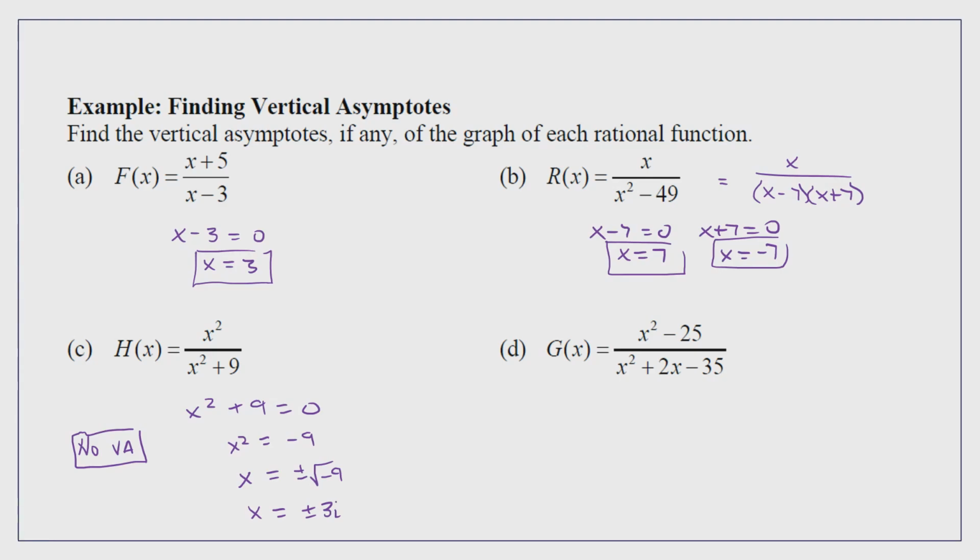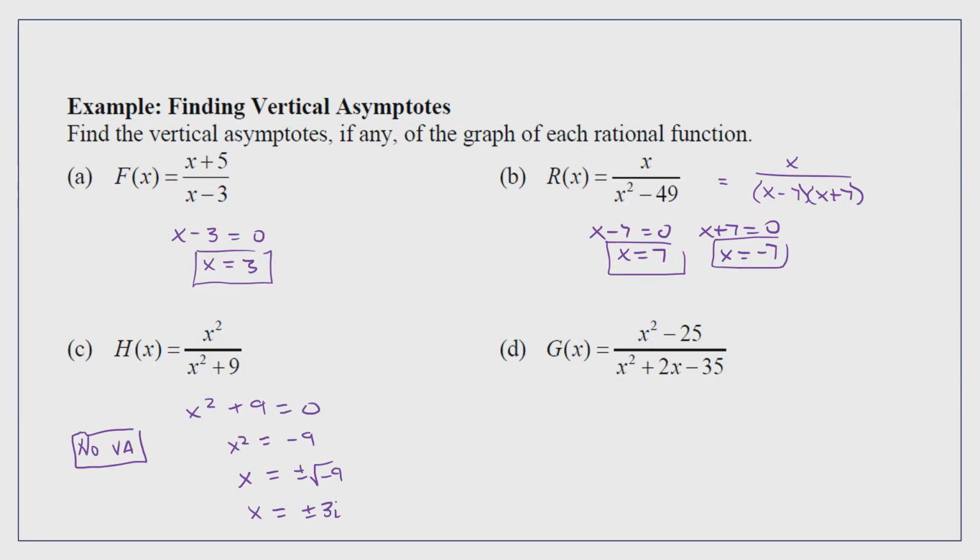All right, D, g of x equals x squared minus 25 divided by x squared plus 2x minus 35. Now, the difference between this function and the other three is that our polynomial in the numerator and denominator can both be factored.